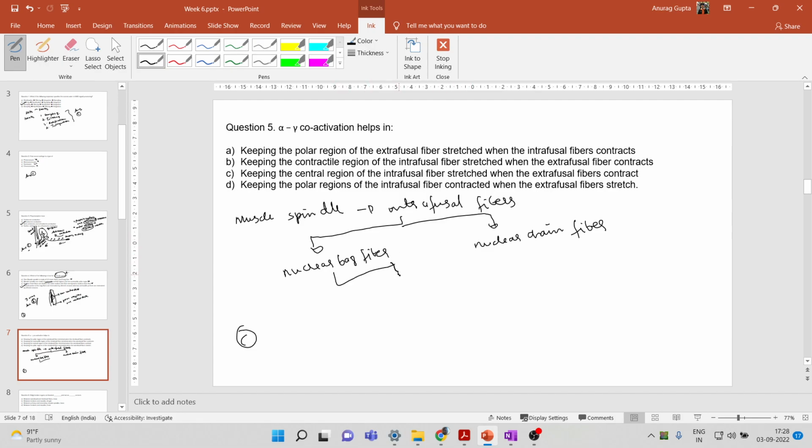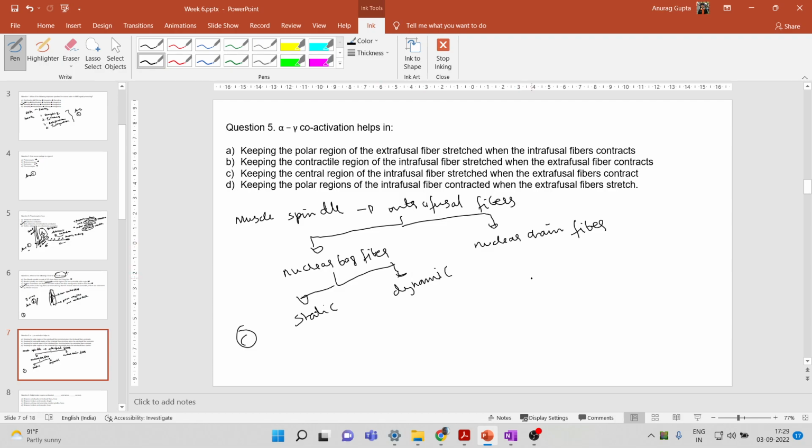Hence the name nuclear bag and nuclear chain. There are two types of nuclear bag fibers: static bag fibers and dynamic bag fibers. Then we have a single 1A large axon proprioceptor. Like we discussed before, we have proprioceptors which innervate these muscle spindles.